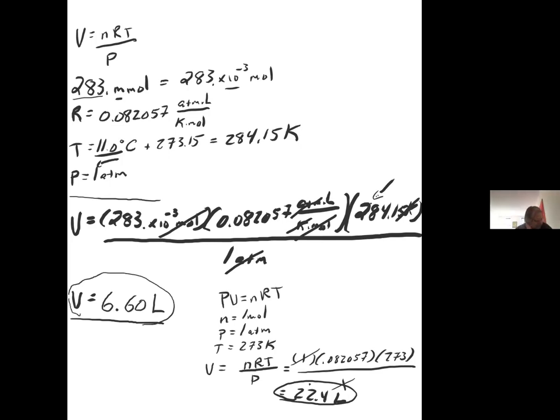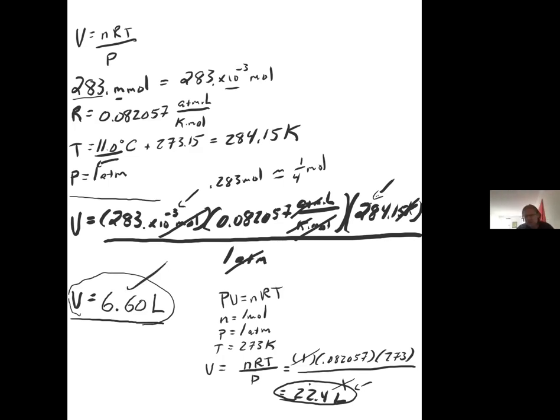Does that seem right? Well, we didn't have 1 mole, this is 0.283 moles, right? 283 times 10 to the minus 3 is 0.283. That's not far off from a quarter of a mole, right? 0.25 would be a quarter of a mole. So if this is 22 liters, a quarter of that would be around 6. And so my answer was 6.